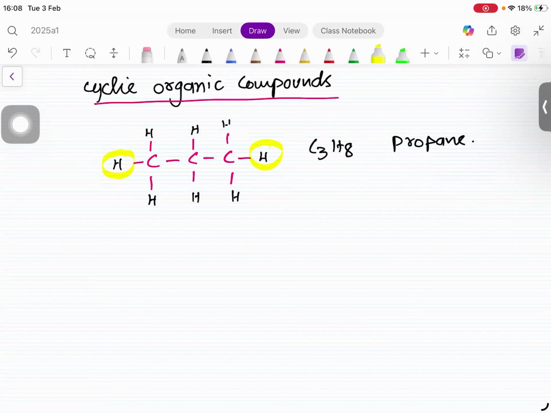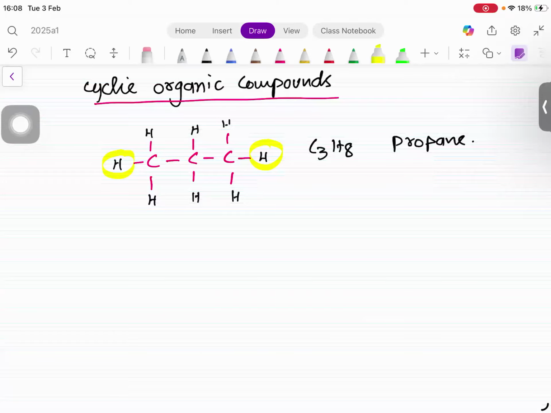For example, if this is the long chain, look at this cable. What they can do is turn around and bond the two terminals together.